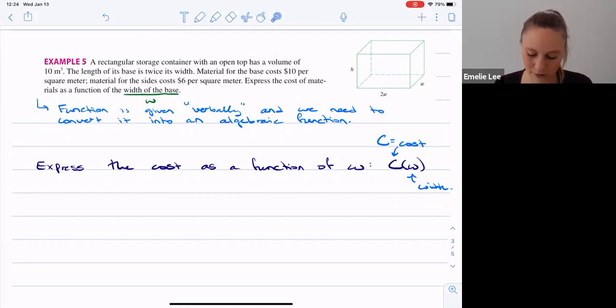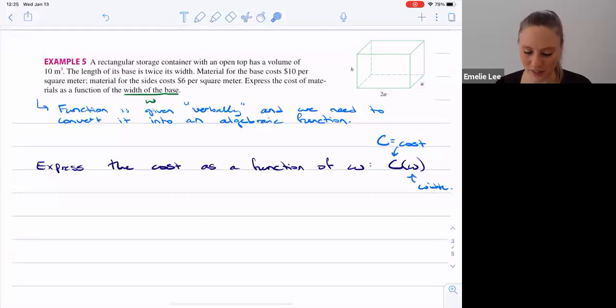Okay. So we're trying to find this function C of W from this verbal description. Now, one thing that you'll kind of run into eventually is, okay, fine. So the base, we know how to find the area of the base, and we know the cost of the material per square meter. Fine, 2W times W, all right.